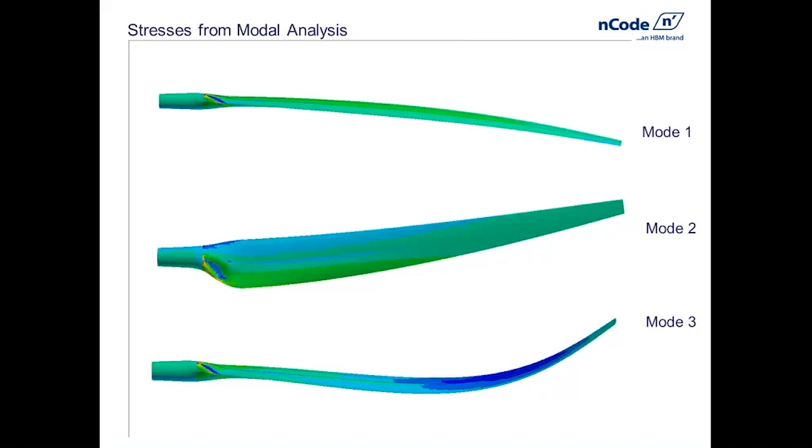But what we get out of the modal analysis, besides being the natural frequency the mode is actuated at, as well as the display shape, we can get the stresses from those display shapes. These display shapes are going to be the degrees of freedom in a dynamic modal analysis downstream.